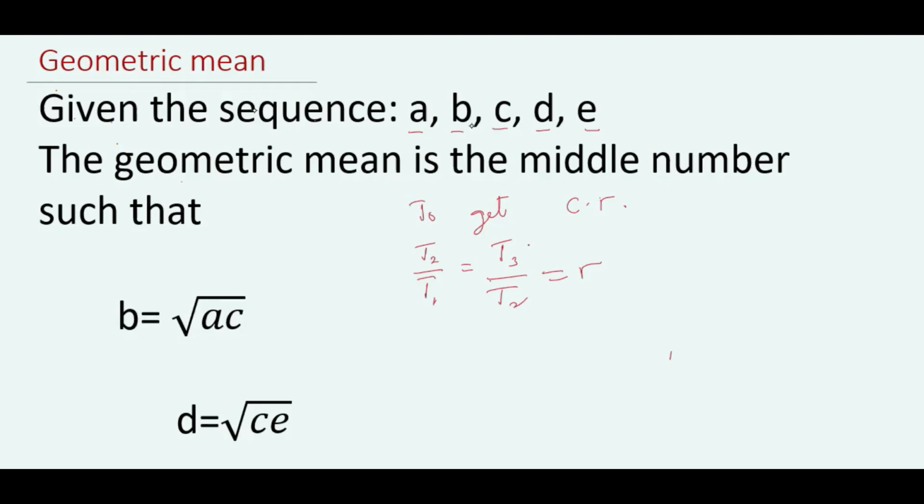So if we have B, the second term, divided by the first term, which is A, is equal to the third term, which is C, divided by the second term B.